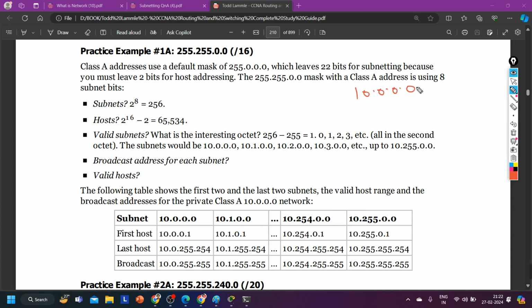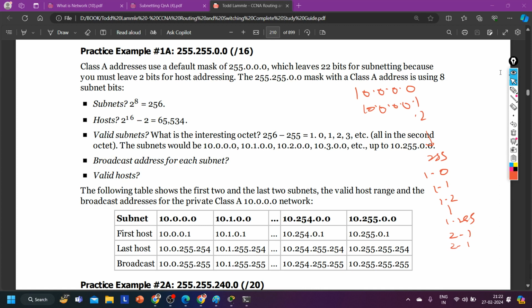So what will be the first valid IP? 10.0.0.1, correct. 10.0.0.2 is the second. So it will go from 1 to 255, and after that 10.0.1.0, which is also an IP from the 10.0.0.0 network. Correct. Yes, these are all valid IP addresses.